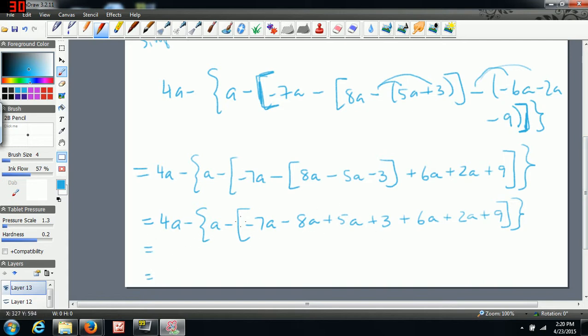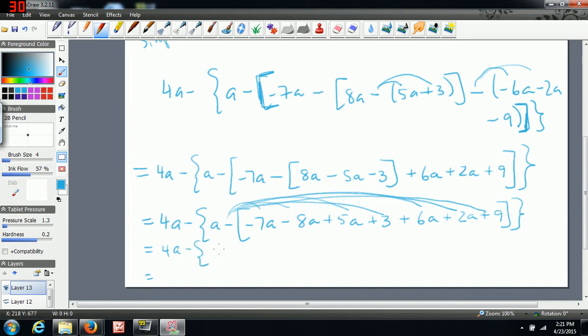I'll try to write a little bit small here. So now what we can do is open up the square brackets, but if you look carefully, you've got a negative 1 in front of it. So that negative applies to everything that's inside of the bracket when you're working something like this out.